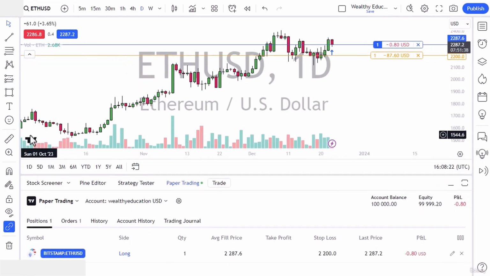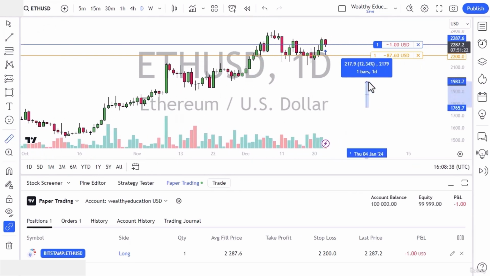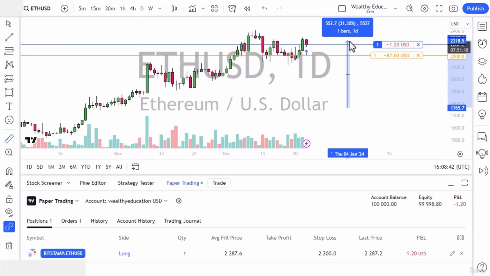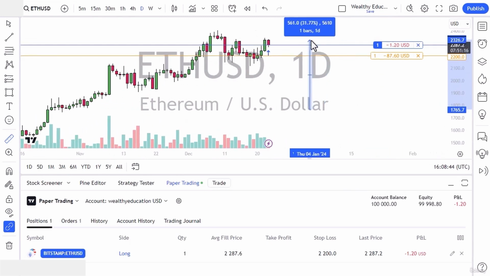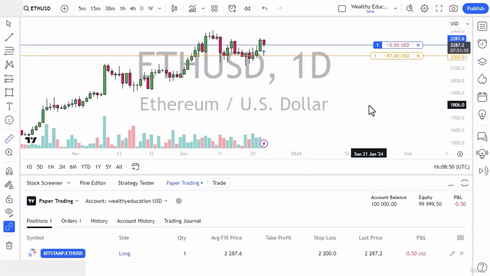The projection tools over here on the left-hand side give you an idea of where you could be going. Like if I were to click there, oops, let's try that again.